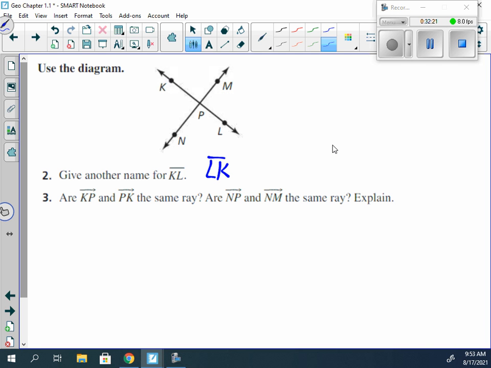Are KP and PK the same ray? Because again, we go endpoint and extend. They have different endpoints. So KP is this here. PK is that one.